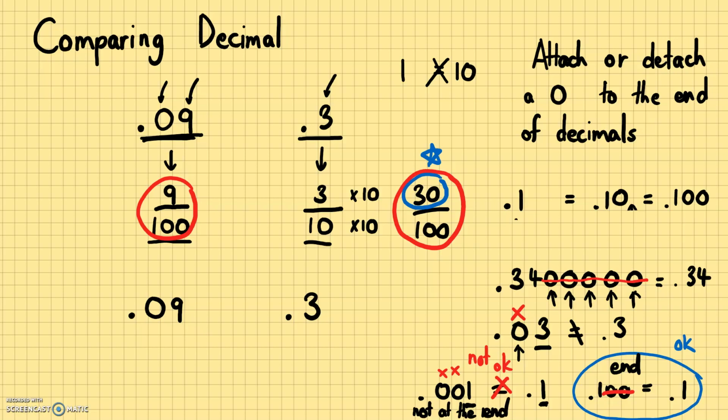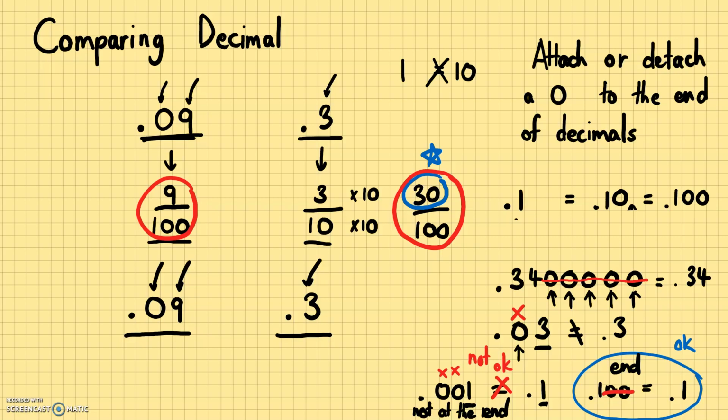Okay, remembering this rule for decimals, let's go back and compare these two decimal numbers. This one has two numbers after the decimal point. This one has only one number after the decimal point, and it's always easier to compare if they have the same number of digits after the decimal point.